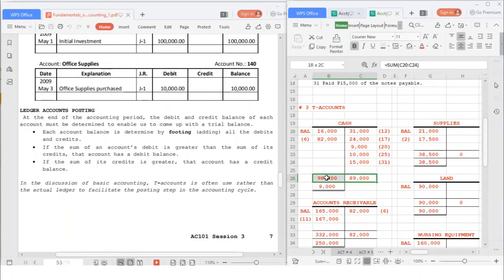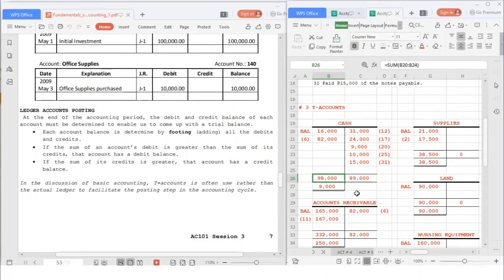Now, if you determine the difference between the debit and credit side, that is cross-footing. Cross-footing is comparing your debit and credit side.